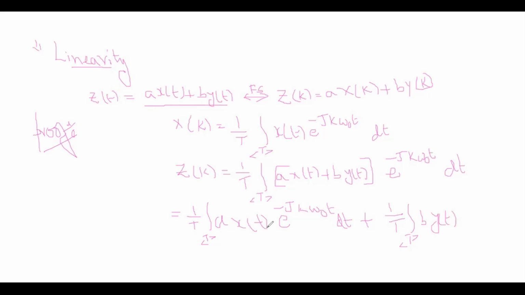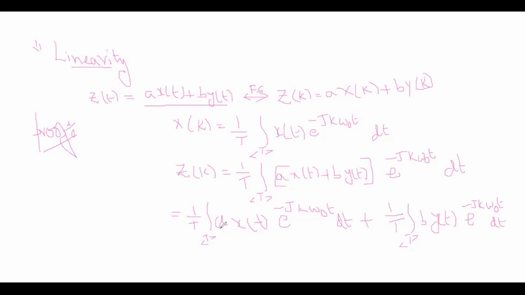Use small letters only for the signals x of t, y of t, and for the coefficients Z of k, X of k, you can use the capital letters, my students. y of t e power minus j k omega naught t dt.